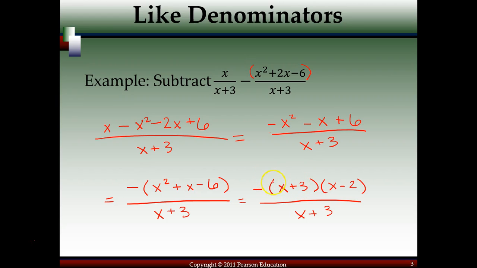So we can cancel out the x plus 3's, and we are left with either negative x minus 2, or you can write it as negative x plus 2. I'll accept either one of these answers. All right, let's move on.